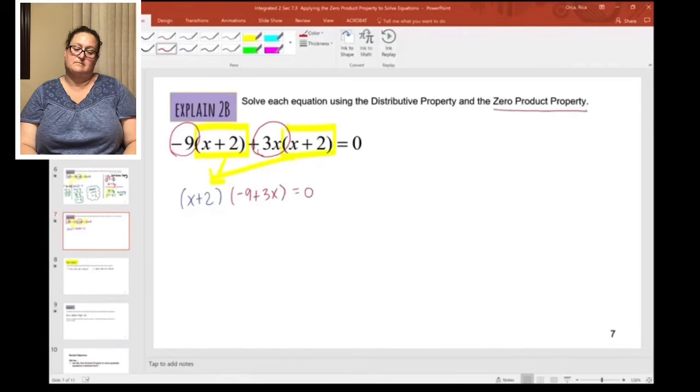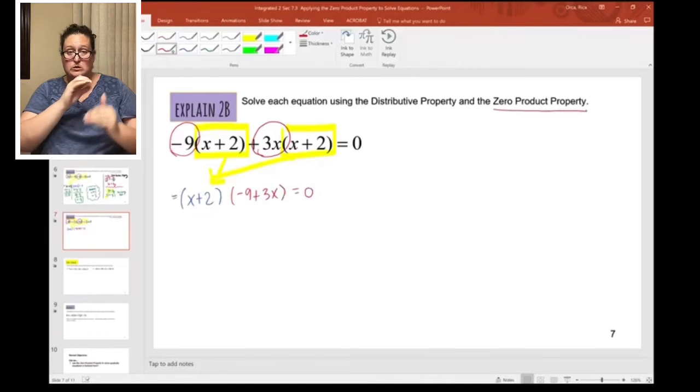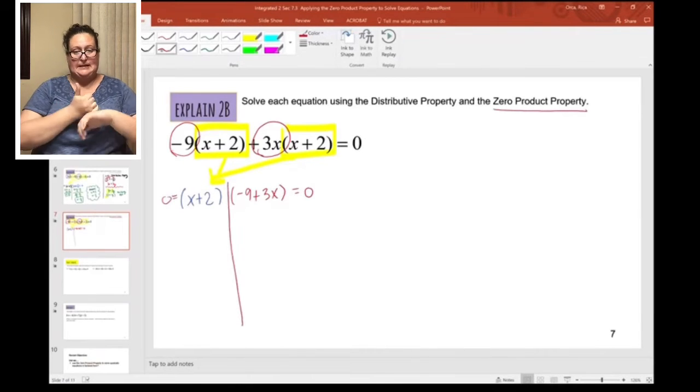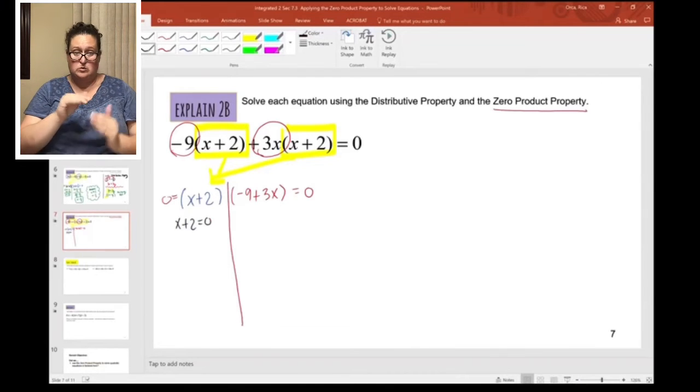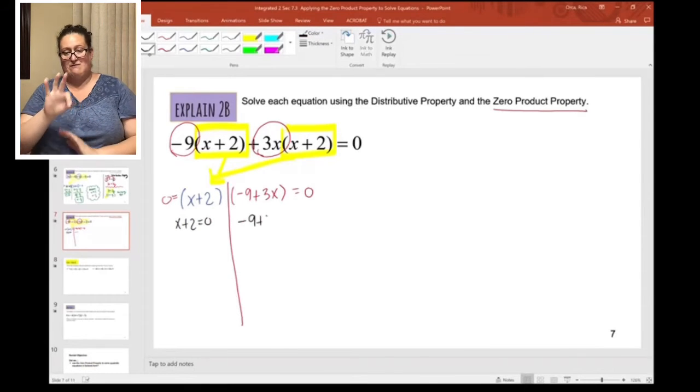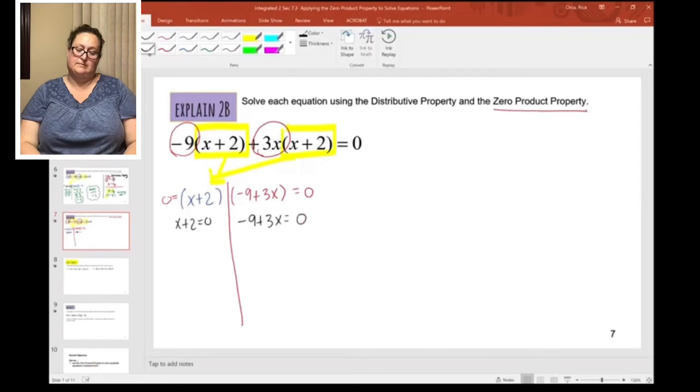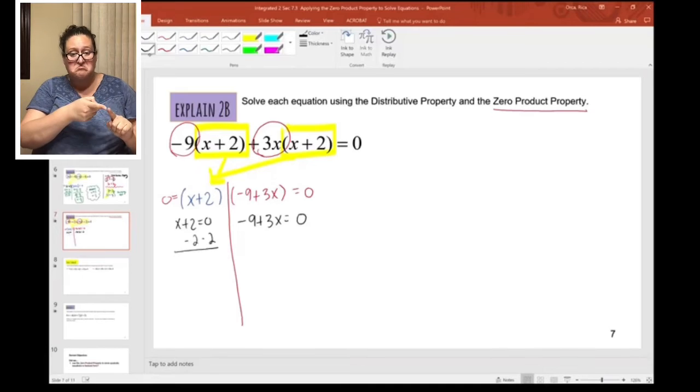To use the zero product property, we want to set each factor equal to 0. So x plus 2 equals 0, and negative 9 plus 3x equals 0. Now let's solve each equation. In the first equation, we want to subtract 2 to both sides. That's going to give us 0 minus 2 is negative 2.